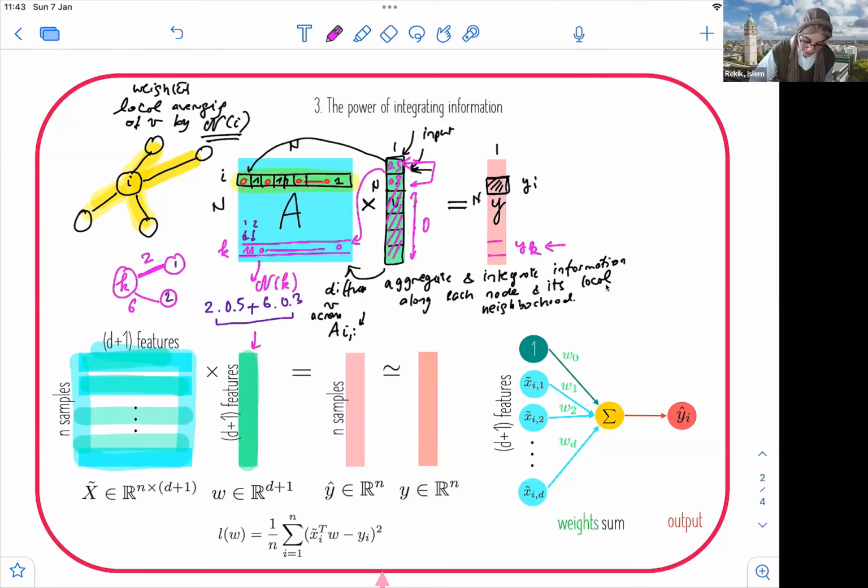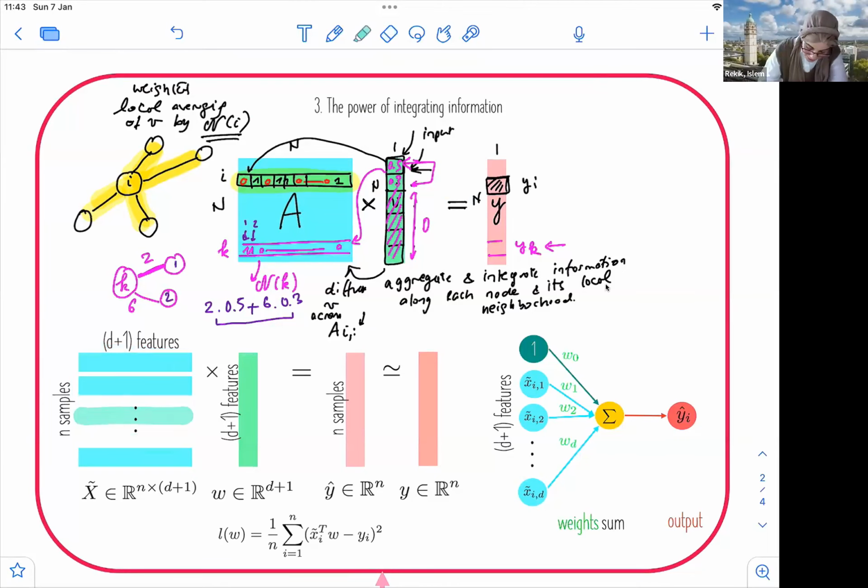And then we're going to get an output. We have seen in the deep learning series that all machine learning tasks can be formalized as a matrix factorization. And this is, for example, a simple regression model.